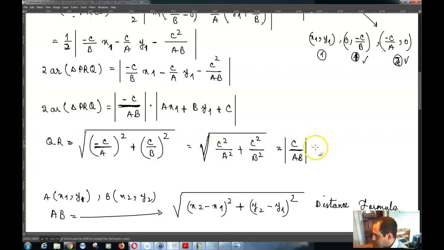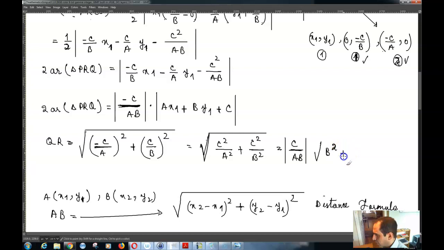I can write this as times, basically taking a c squared goes out, becomes c, a squared goes out, becomes a, and I've taken a b out, so I have to write a b squared over here.